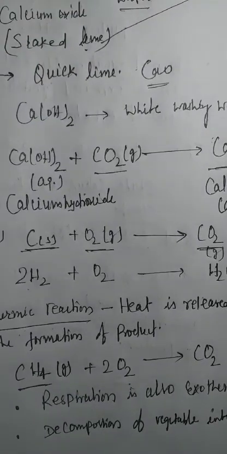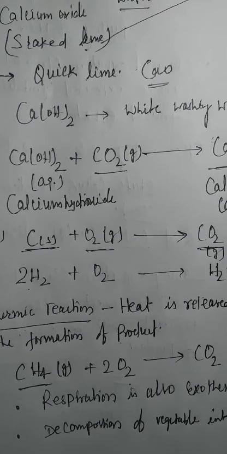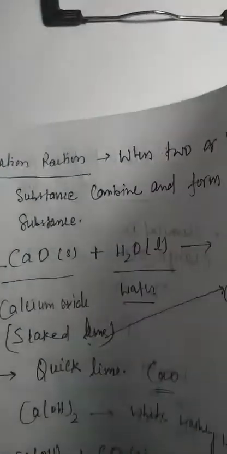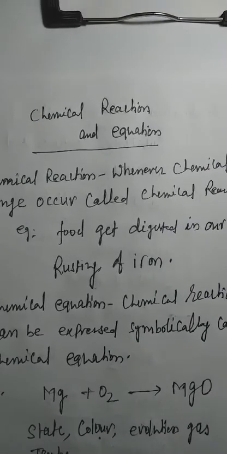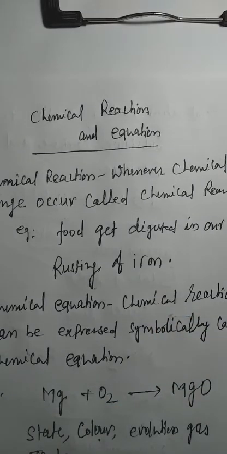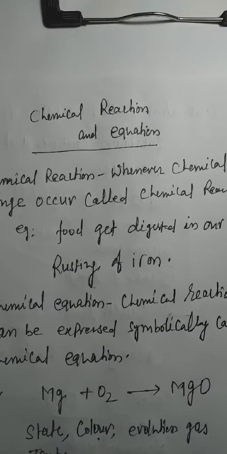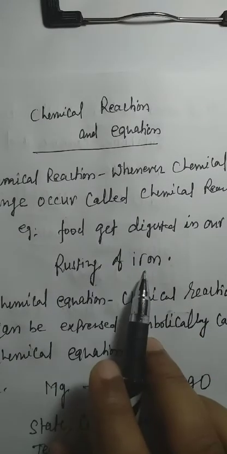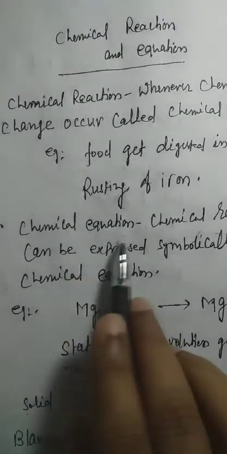So later we will see other types of reactions also, and now I am revising all of this once again. Be a little focused. We started with chemical reaction and equation. Whenever chemical changes occur, it is called a chemical reaction. Examples are food getting digested in our body and rusting of iron. Next is the chemical equation.